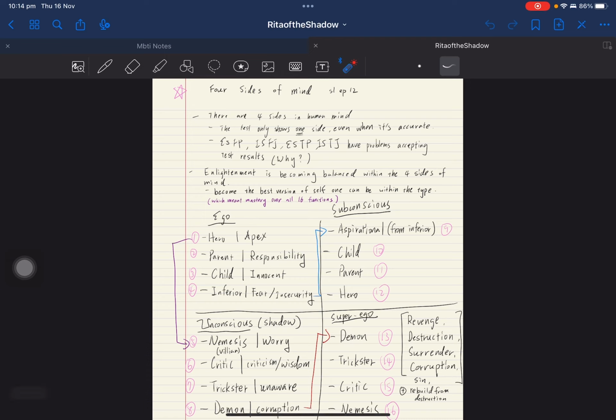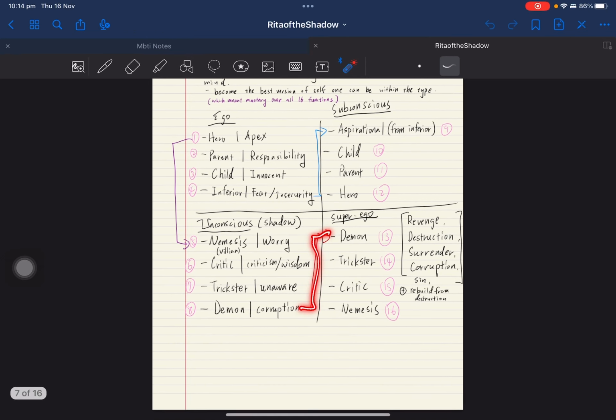And that's why the subconscious is important, and the superego works exactly the same way, just that it's from the shadow. So the shadow is already dark, so this is even more dark usually.